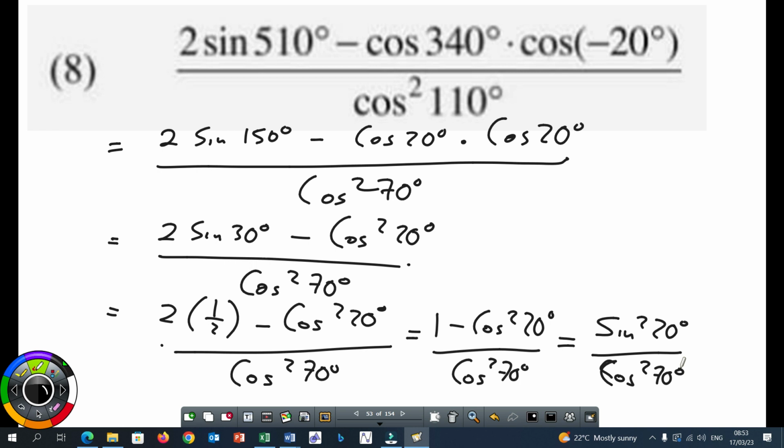Yes. So why is it 1/2? Sine 30, it's a special angle. Special angle is 1/√2, isn't it? We're talking about sine 30. What is the ratio for sine 30? You can use your calculator to check if you want.